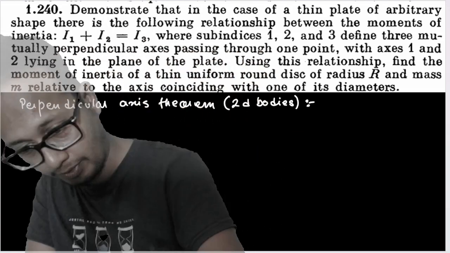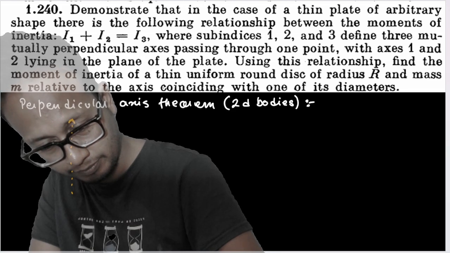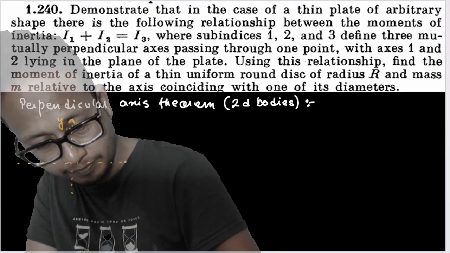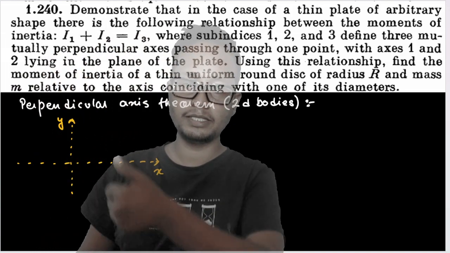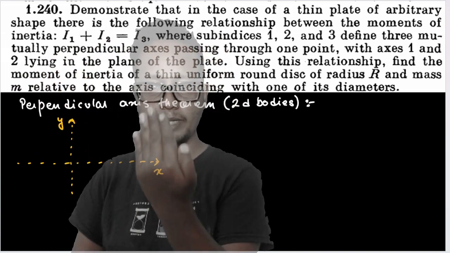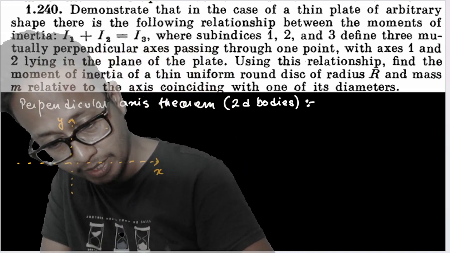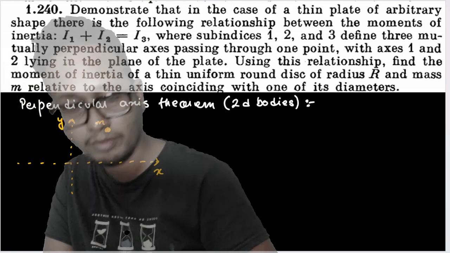Suppose this is my y axis, and this is my x axis. That means I'm drawing a graph paper, a 2D graph paper. A point mass of mass m1 is kept here.